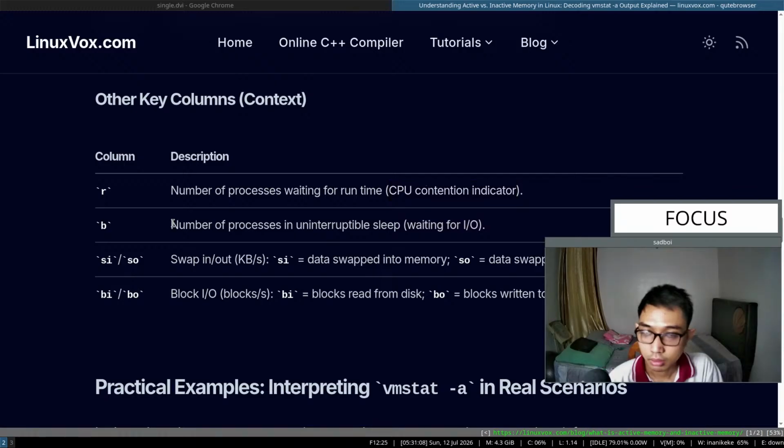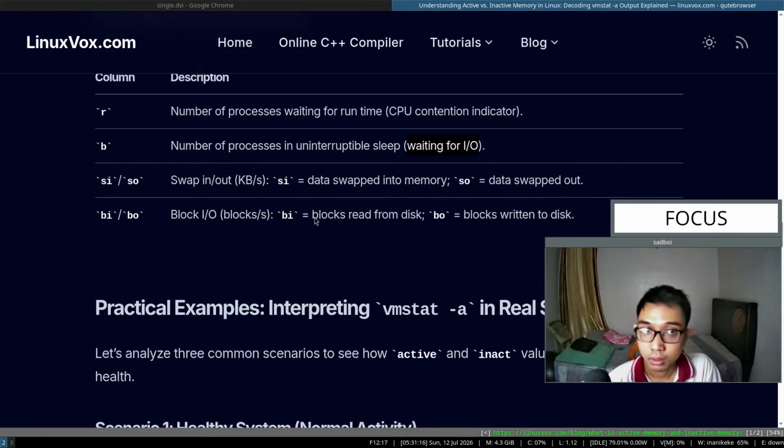Okay. Number of processes in uninterruptible sleep, waiting for input output. Okay. Yeah, this is basically waiting for the CPU to pick up this process again, right?